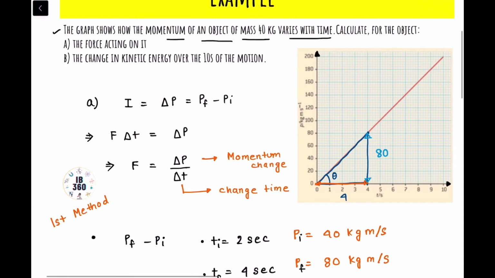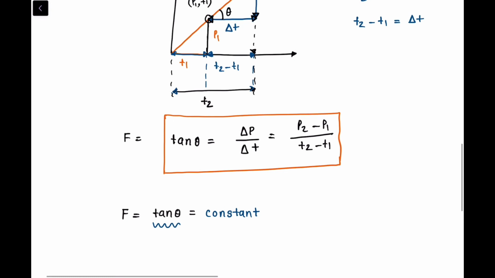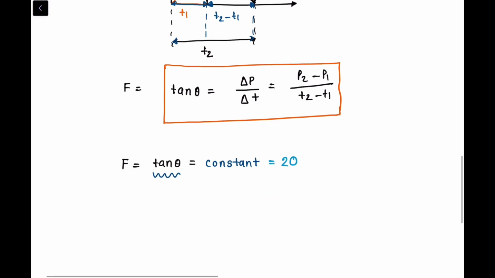So the value of the force will always be 20, right?